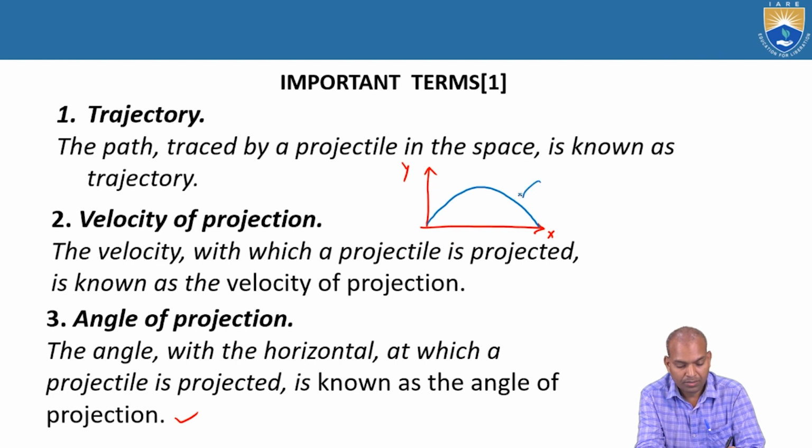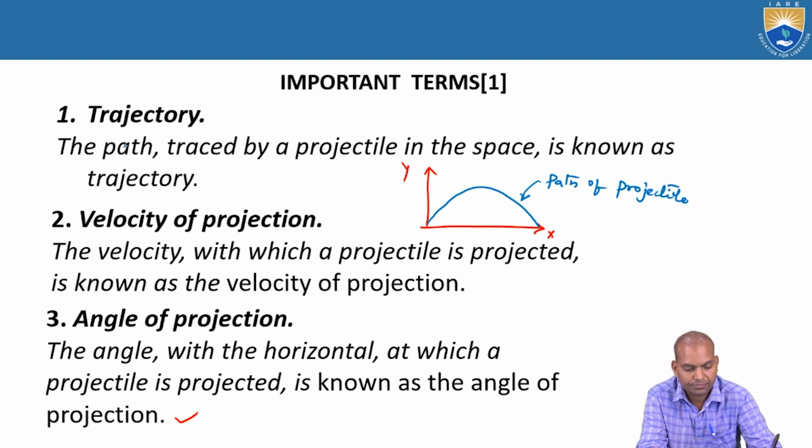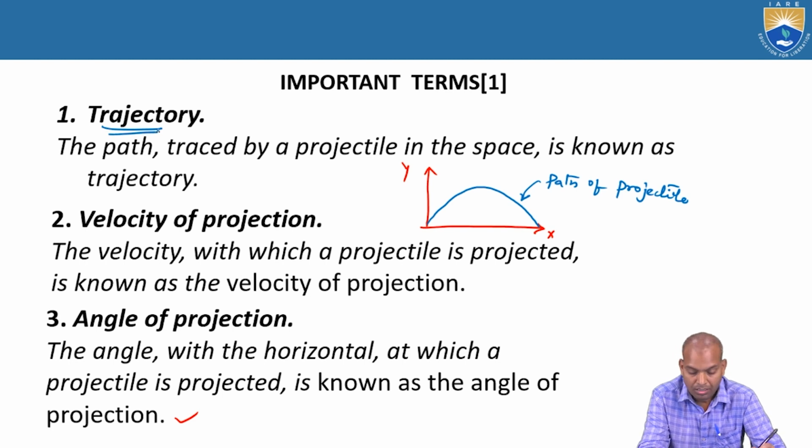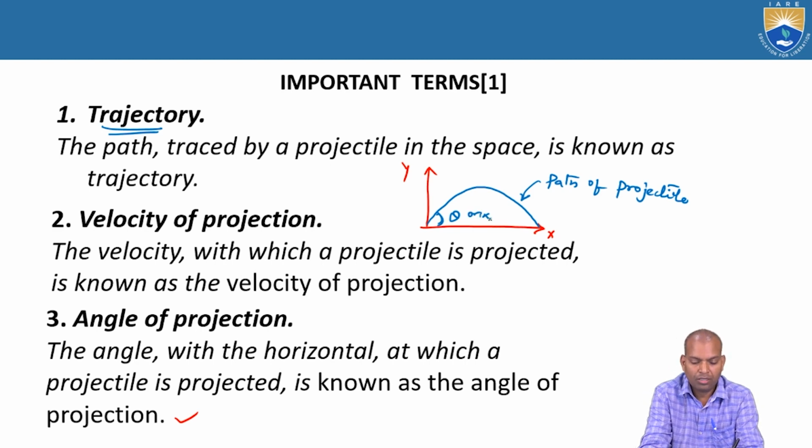This is known as the path of projectile, another name for which is the trajectory. The angle with the horizontal at which the projectile is projected, theta or alpha, is known as the angle of projection.